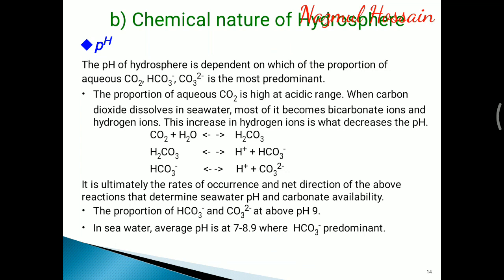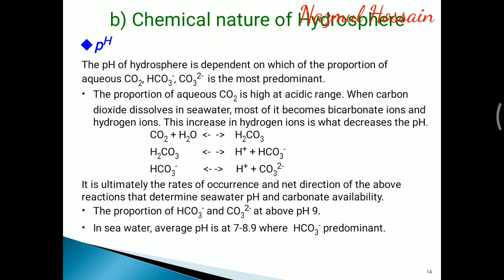The reactions are: carbon dioxide added to water forms carbonic acid, then carbonic acid dissociates into hydrogen ion and bicarbonate, and the bicarbonate ions are broken down to form hydrogen ion and carbonate ion.